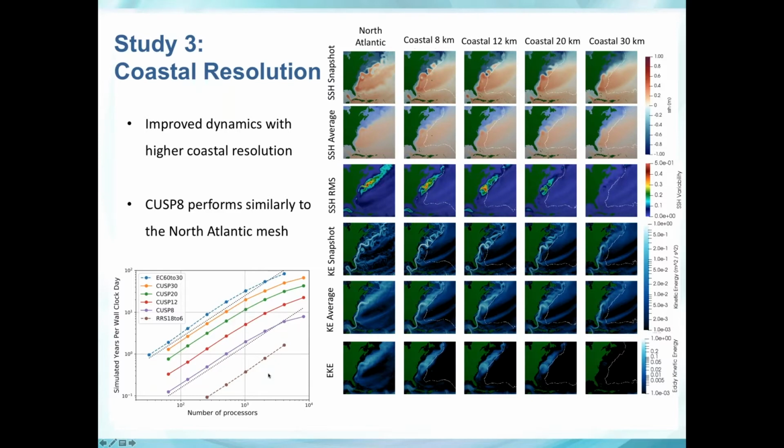So the CUSP mesh is approximately an order of magnitude faster than global high res and an order of magnitude slower than EC6030. And a lot of that is just due to the changing time step because of the cell size as opposed to the number of added cells.